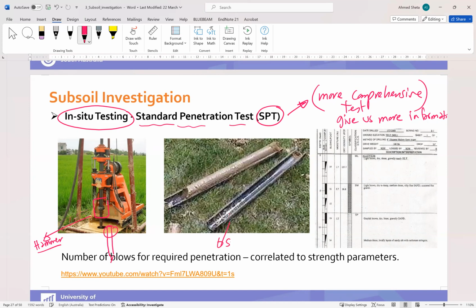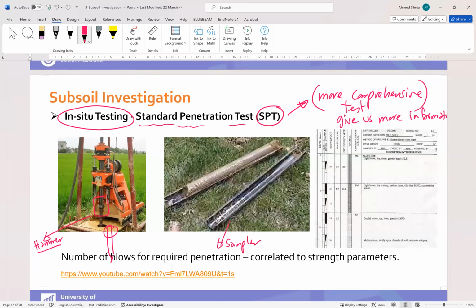This is called a sampler. We hit the sampler to extract the soil, and the number of blows required for penetration correlates to the strength of the soil.